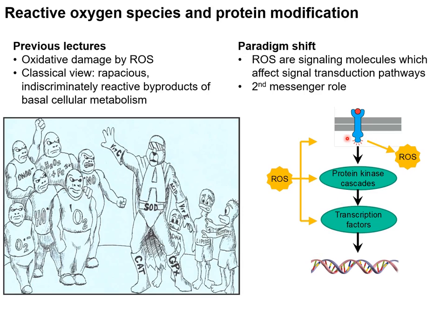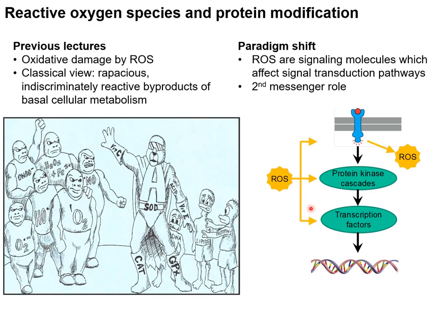The way that reactive oxygen species can affect these signaling pathways is firstly that a receptor-mediated mechanism could end up generating reactive oxygen species. NADPH oxidase would be a good example of this. Or reactive oxygen species can affect proteins in these signaling cascades. It could affect the receptor itself, it could affect the protein kinase cascades, or it can affect transcription factors.